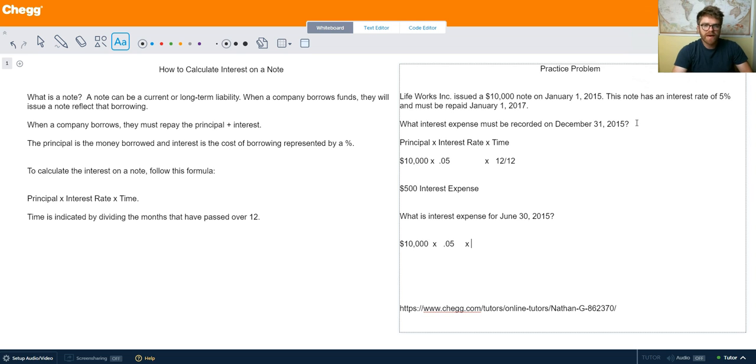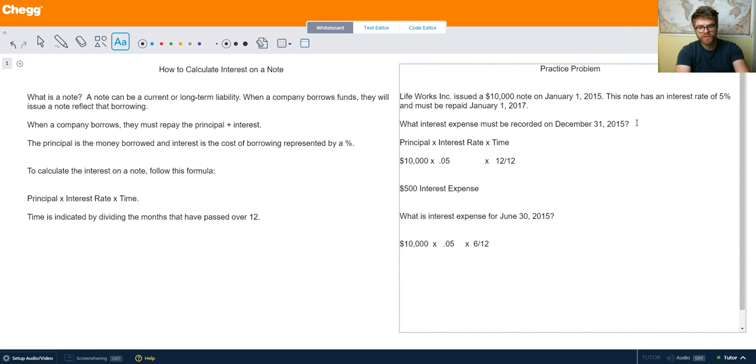Now, how much time has passed from January 1st, 2015 to June 30th, 2015? Well, if you do the math, it's going to be 6 months. 6 months have passed divided by the annual 12 months. So it's just going to be half of what you had before. $250 interest expense.